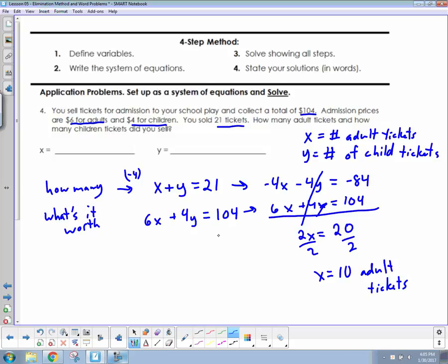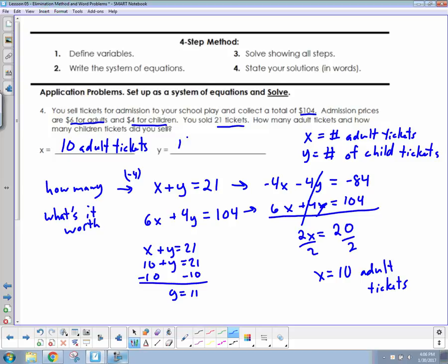Put that up here. Simply take that number, plug it back into one of the original equations to figure out how many children tickets there were. Subtract 10 from 21, we get 11.